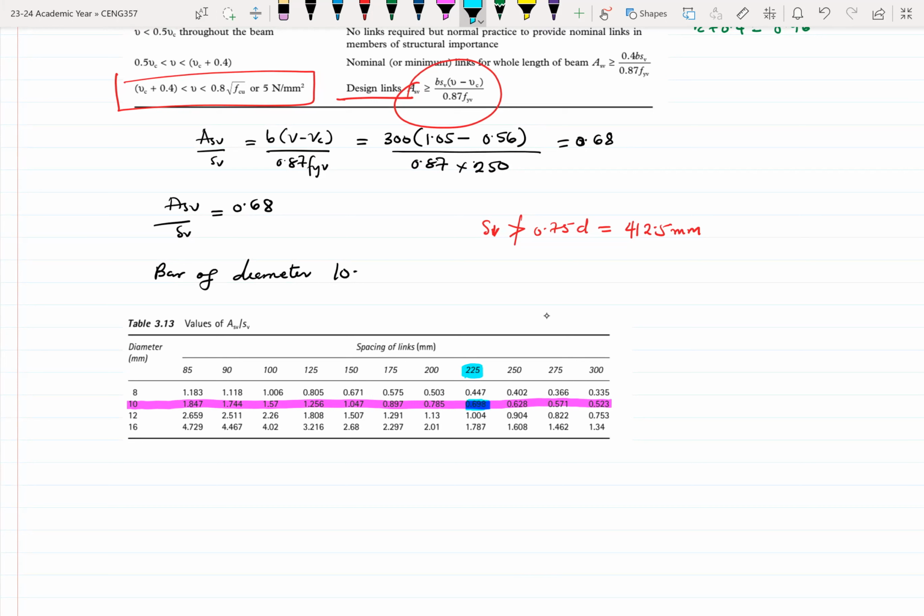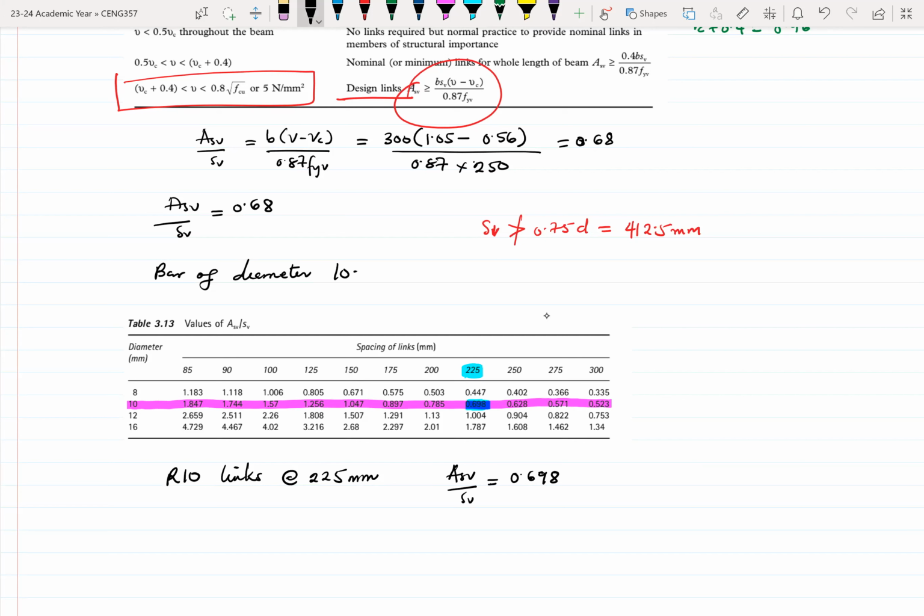So we choose 225, so it means that we use R10. So let's say R10 links at a spacing of 225 millimeters centers. And then our new ASV over SV would be 0.698. Works perfect.